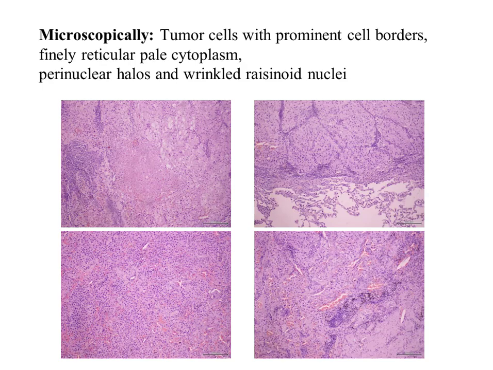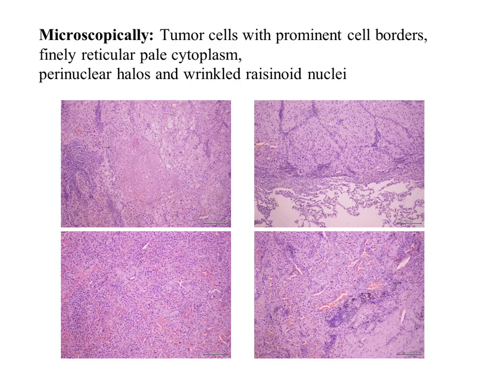With the help of thoracoscopy, a sample of the tumor mass was taken from the lung of this patient. Tumor cells have prominent cell borders, finely reticular pale cytoplasm with a perinuclear halo and wrinkled raisinoid nuclei.